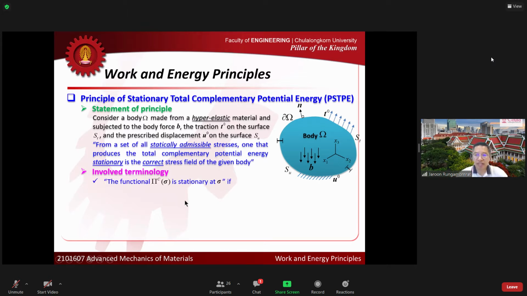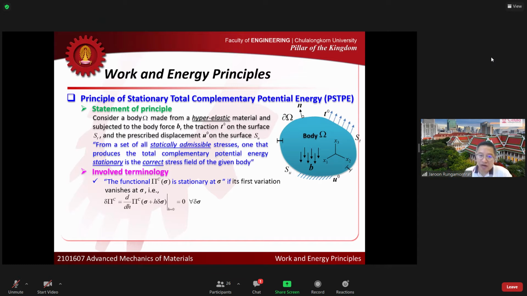Now, what I mean by pi c is stationary at sigma. We define the stationary condition of the functional pi c in the same way as we did before for pi. Basically, pi c is stationary if the first variation of pi c vanishes at that sigma. The first variation has to be zero at that particular value of sigma.